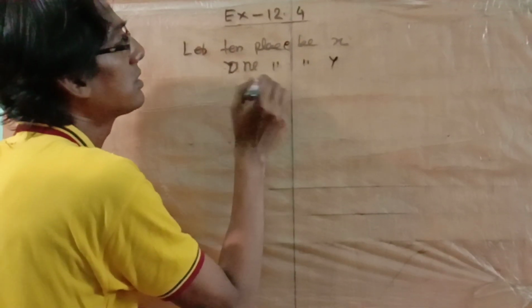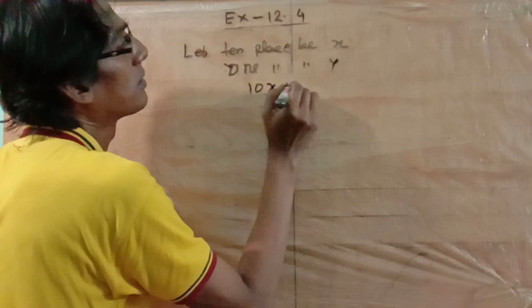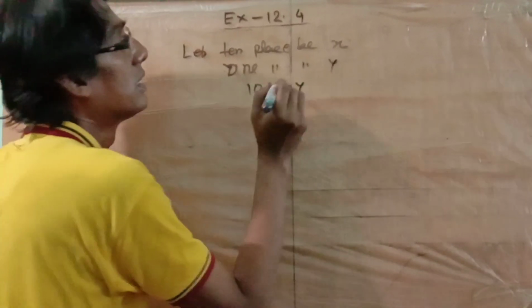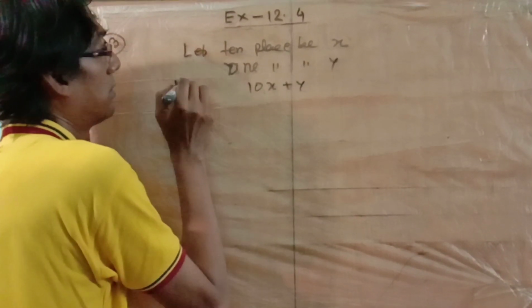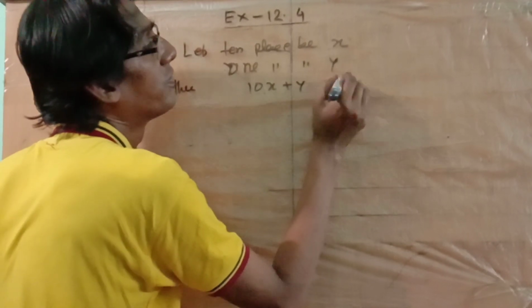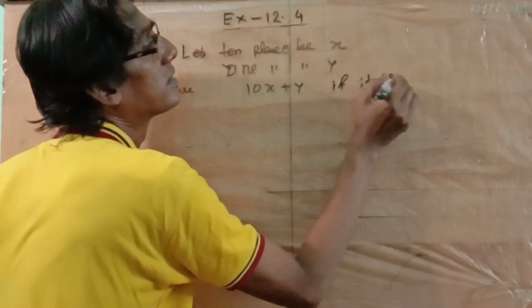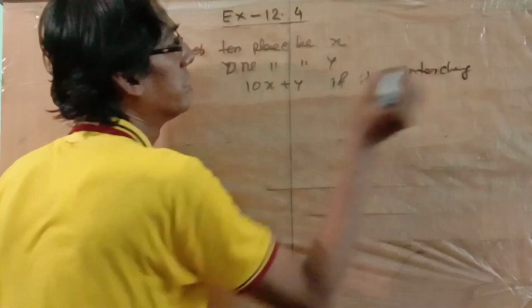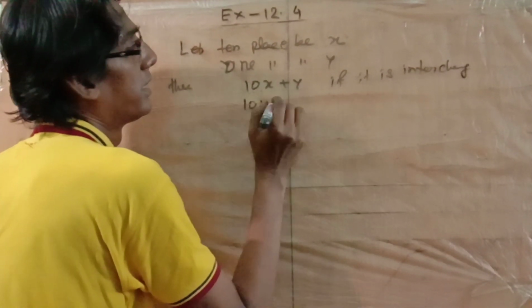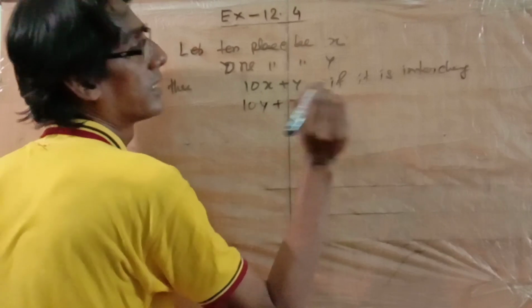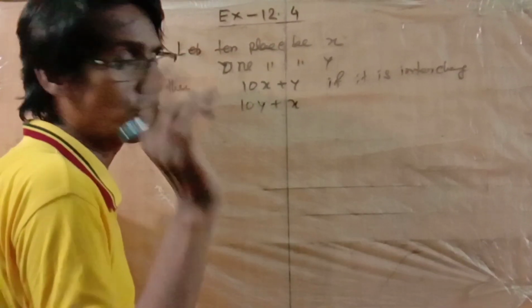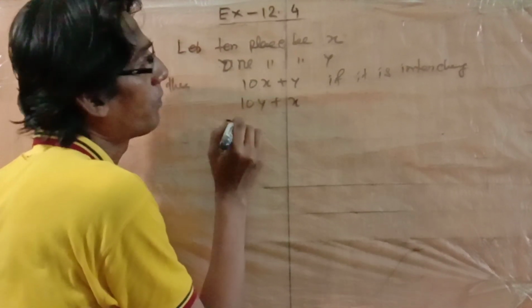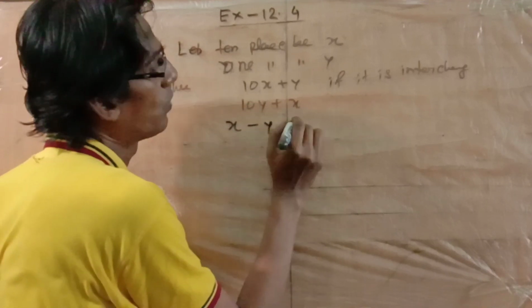So the number is 10x plus y. If it is interchanged, then 10y plus x. Clear?